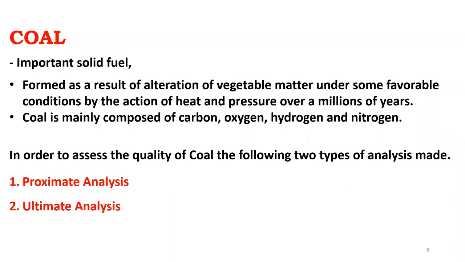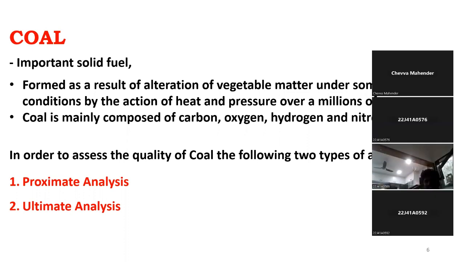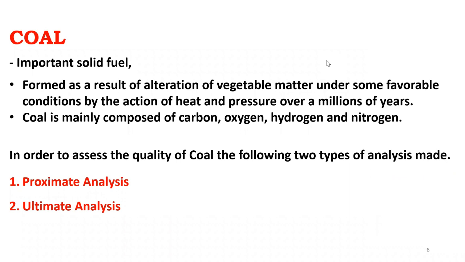And if the percentage of nitrogen is more in a coal sample, that is an impure coal, because nitrogen does not give any calorific value to the coal, so nitrogen is regarded as an impurity.